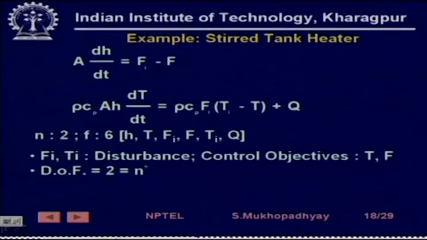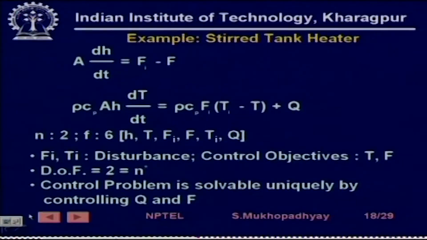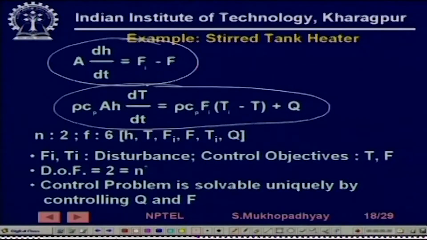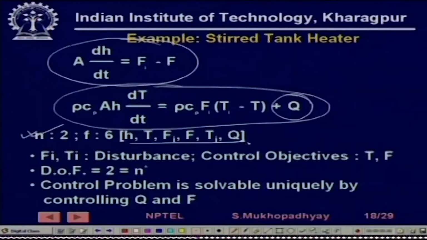So these are the 2 governing equations, very easy. This is the level equation and this is the temperature equation. We are assuming that we are giving some heat input which we can control. So there are 2 equations, so n is equal to 2, and there are 6 variables, so f is equal to 6.